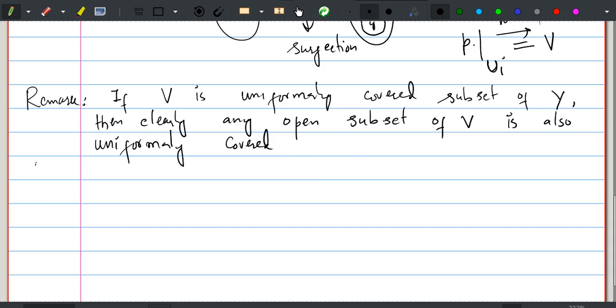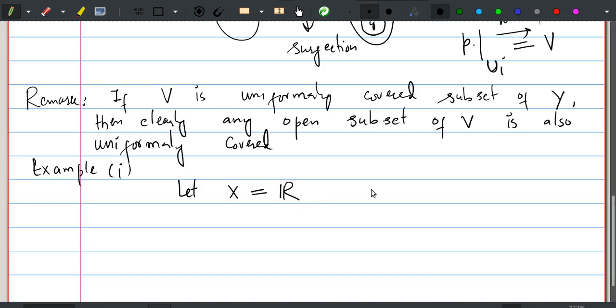So let us do examples now. This is the first example. Let X be the space of real numbers and let Y be the circle S1.